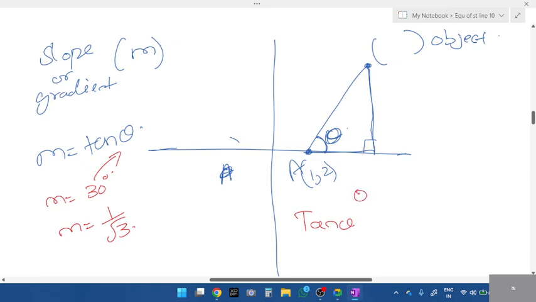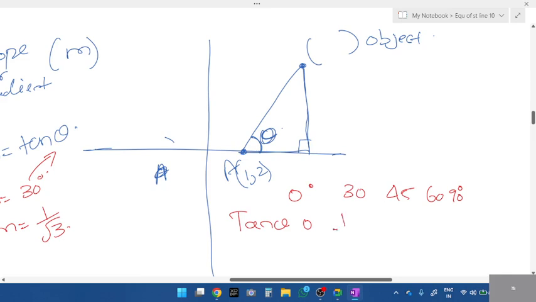Make a note of tan 0, 30, 45, 60, 90. Tan 0 is 0. Tan 30, memorize this, 1 by root 3. What is tan 45? 1. Tan 60 is root 3. Tan 90 is undefined, not infinite, sorry, undefined. So this is how you find slope or gradient when theta is given. Next.